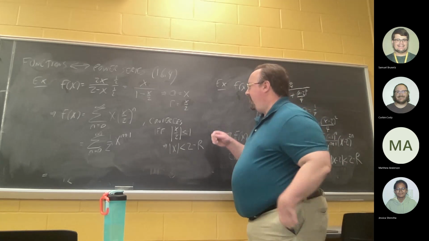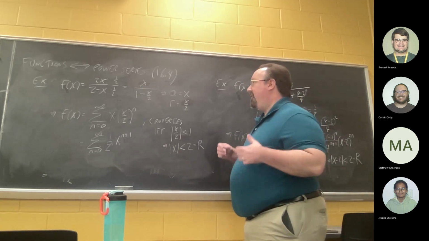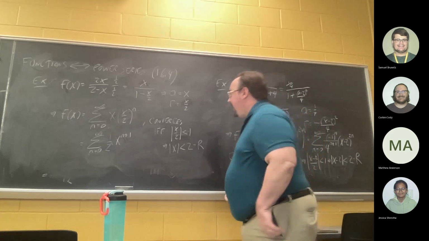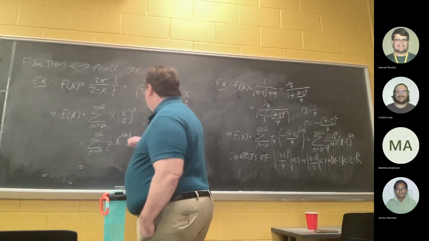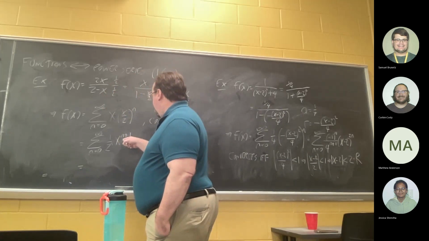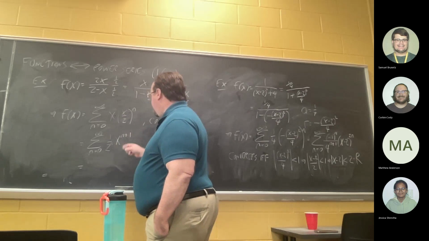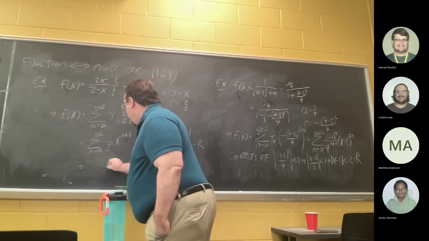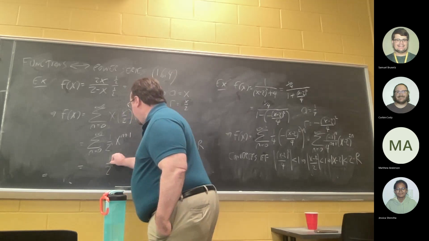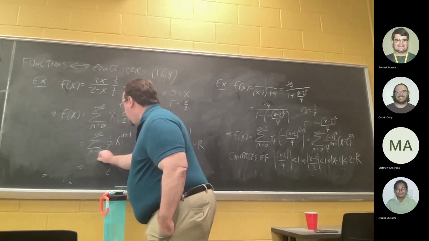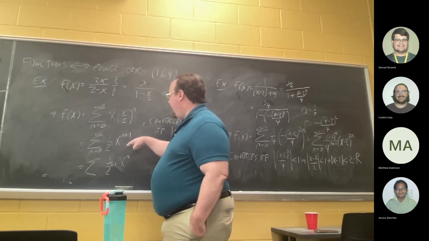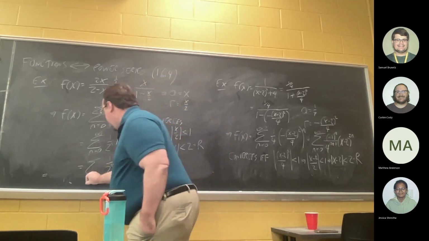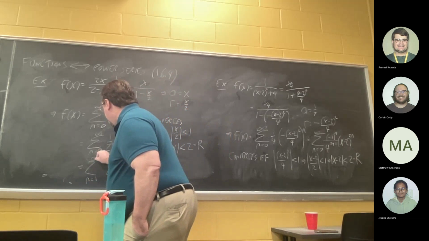Ideally, we'd like to have power series written as, again, something times x minus the center to the n. So if I carry out an index shift, I would replace n by n minus 1 throughout. So I'd have 1 over 2 to the n minus 1 times x to the n. And because I'm decreasing n, I need to start at n equals 1.